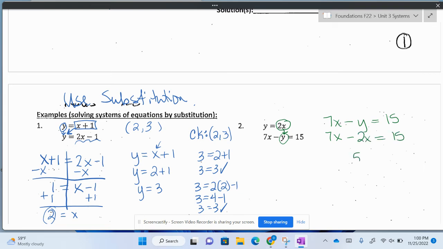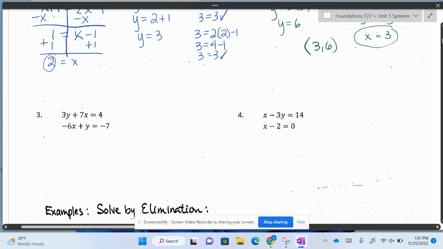Well, 7 minus 2 is 5. So I have 5x equals 15. Divide both sides by 5. That gives me x equals 3. I'm going to take that, x equals 3, and plug it into the first equation. y equals 2 times x, which means y equals 2 times 3, or y equals 6. So my solution is the ordered pair 3, 6.